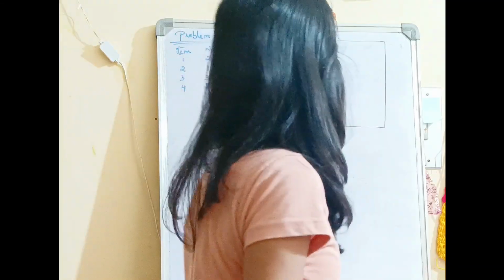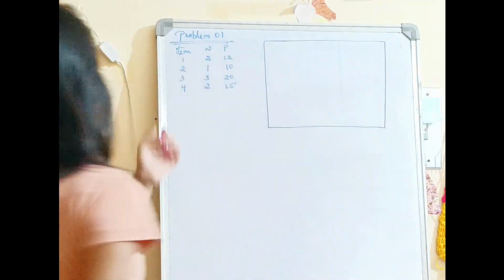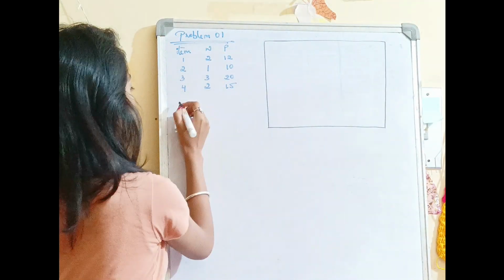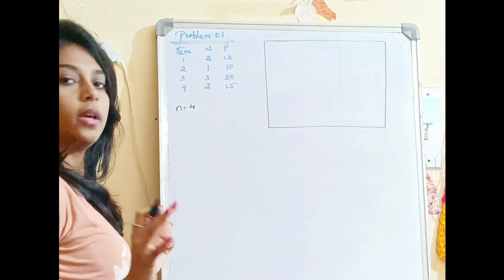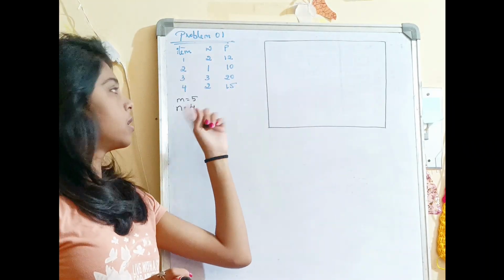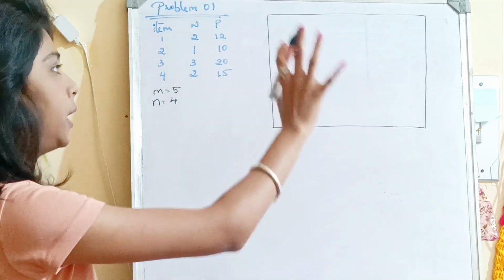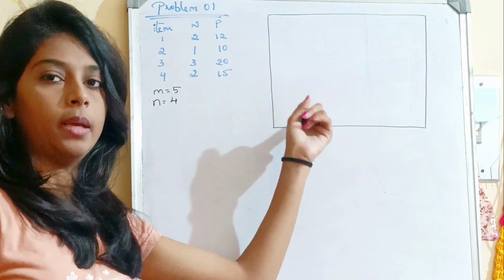Okay, this is the problem given. The items are 1, 2, 3, 4. So there are 4 items, so n is 4. The initial capacity of the knapsack is 5, so M is equal to 5. Before creating a table, we have to know how many rows and columns the table must have.